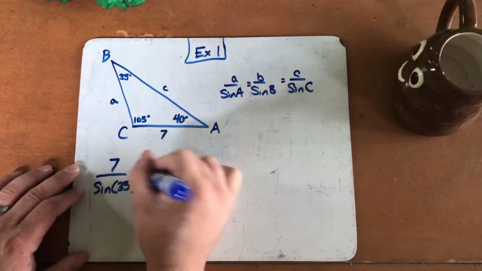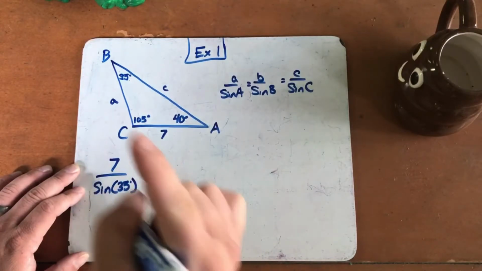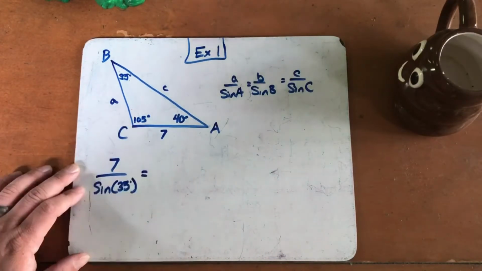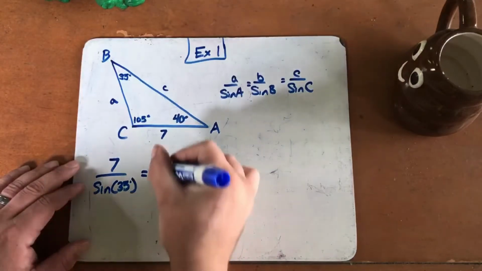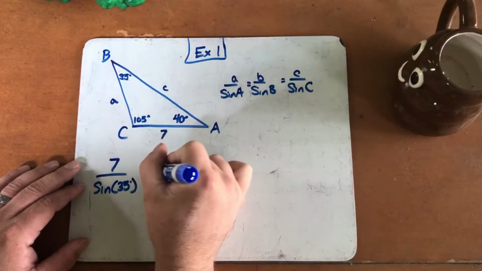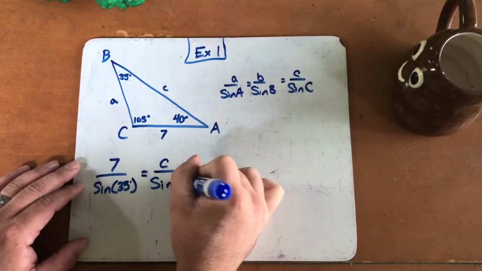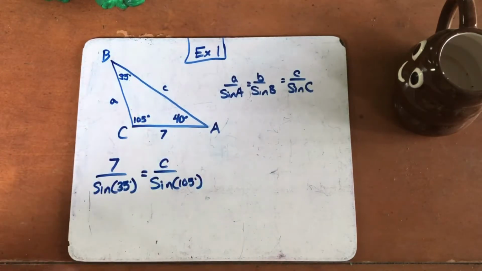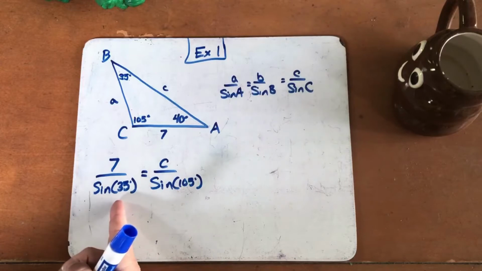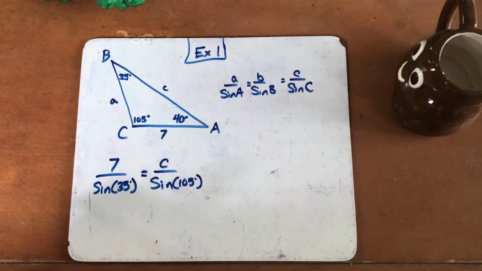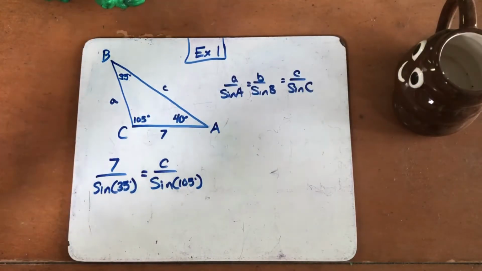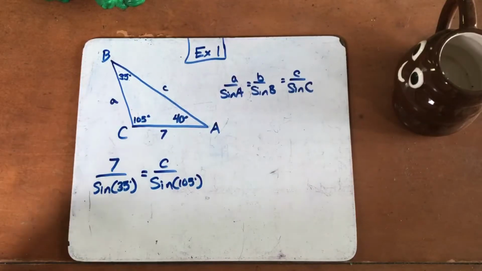And that is equal to side C divided by the sine of 105 degrees. The sine of 35 is a number, usually some sort of decimal, and it's the same thing with the sine of 105.